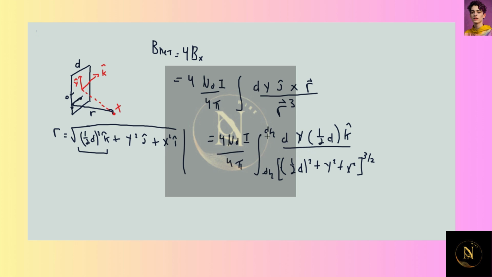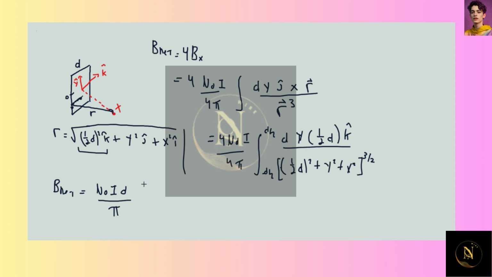And so as usual, you should probably just look this up in a table. We do that, and we'll find then our B net is, we can get rid of those 4's, and we'll have mu naught I d over pi. So we get a d. We can pull out a d from this whole thing.